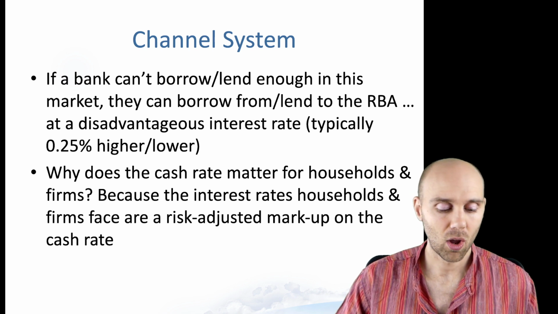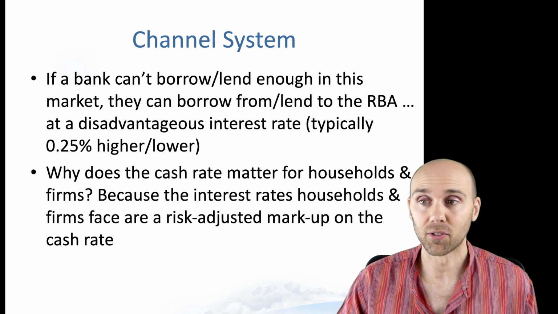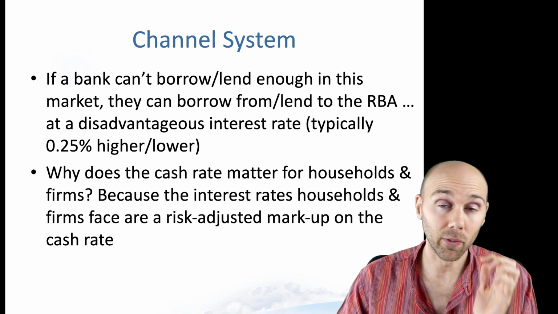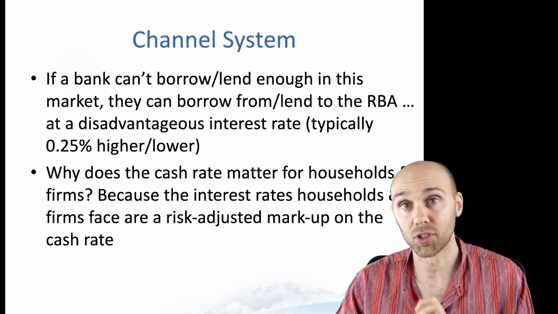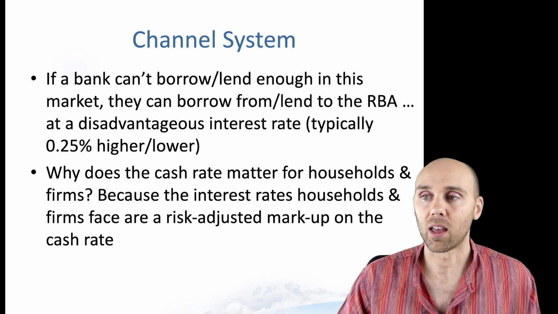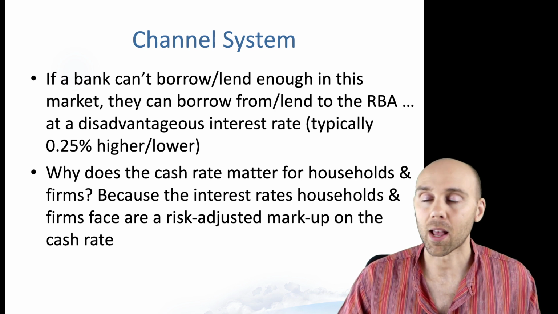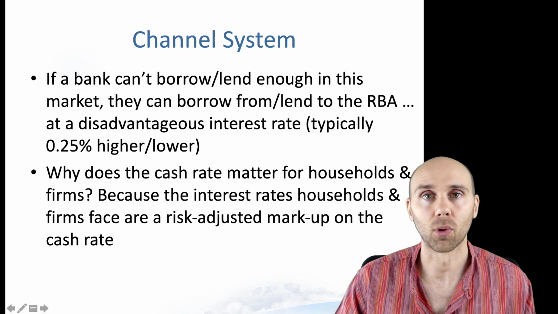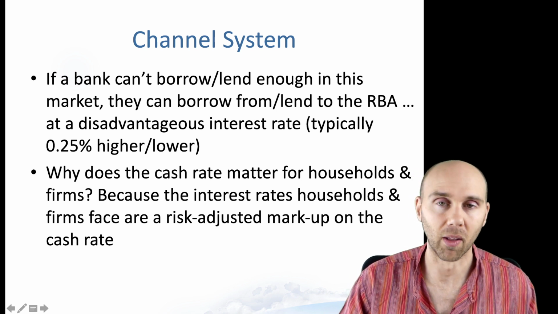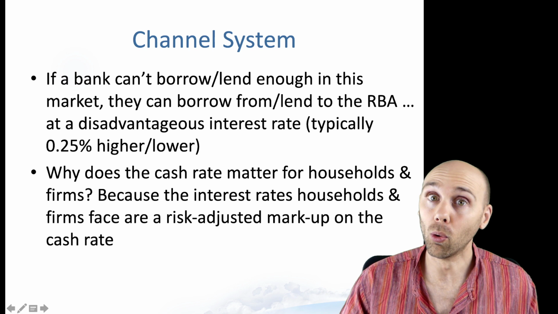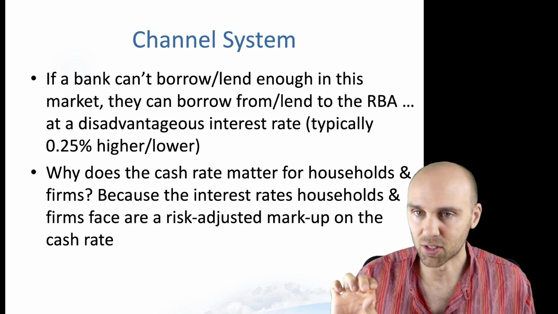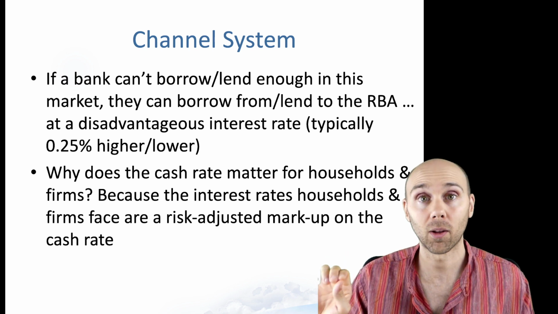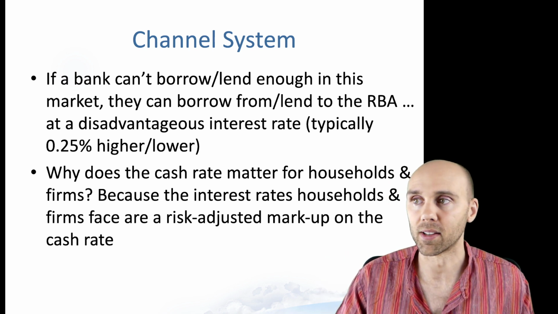And as I mentioned, once they engage in all these sort of transactions, whatever their overnight market is going to set the interest rate at is going to flow on to you and I. So if you're wondering how the banks come up with how they change those rates on a daily or monthly basis, it's coming all the way back from how the RBA, through its channel system, is driving the overnight interbank market and is flowing on to us.